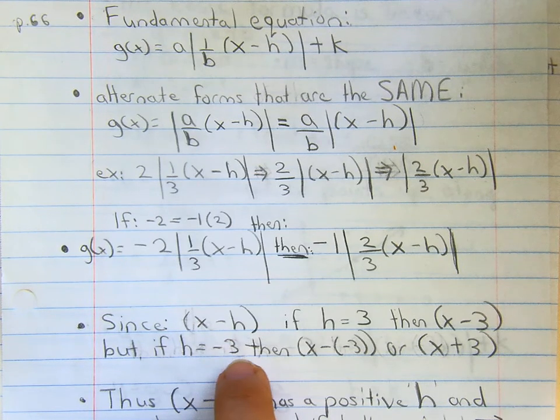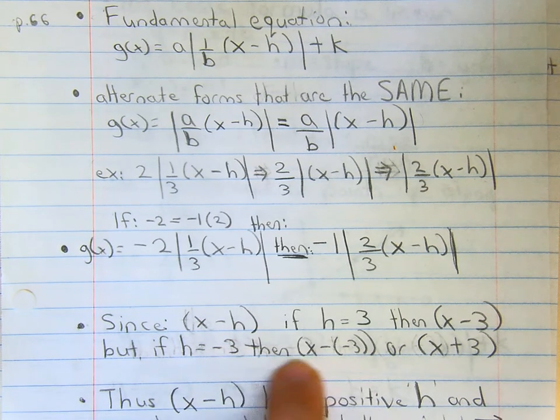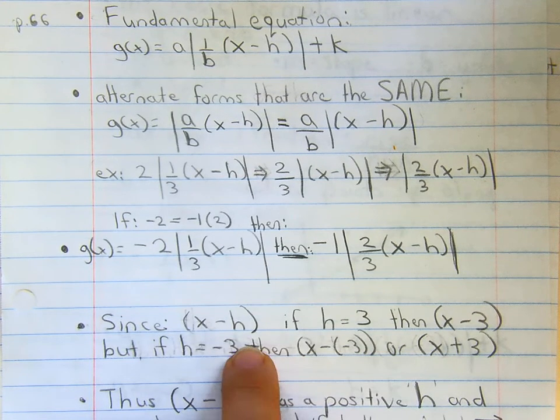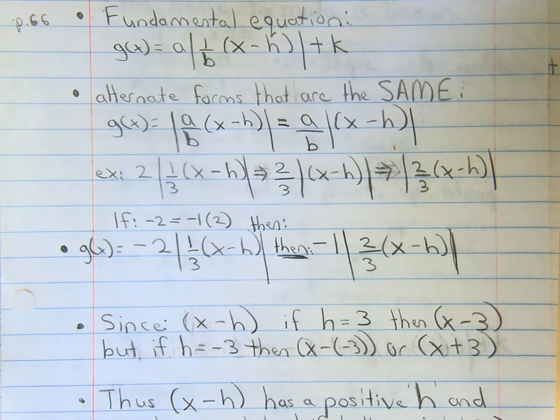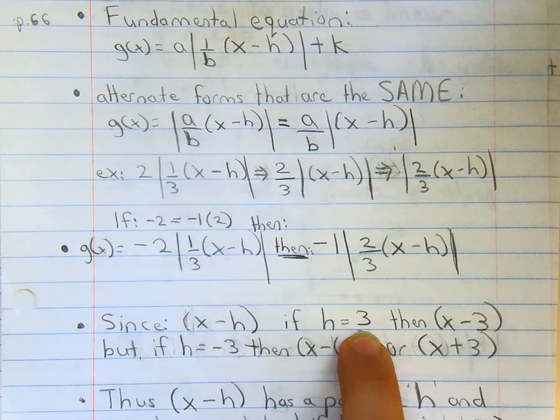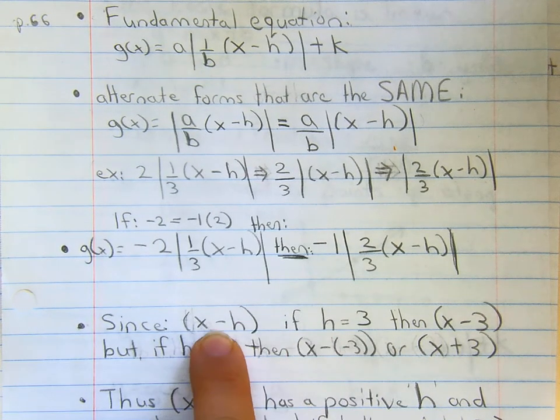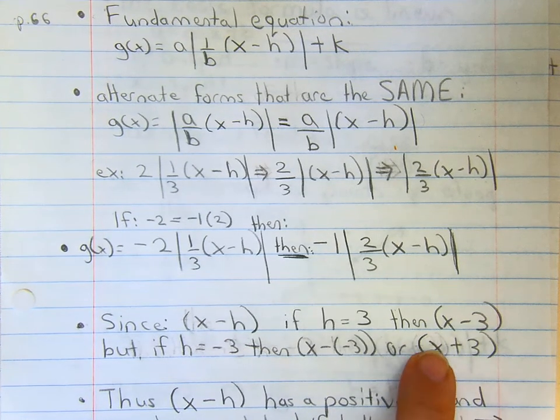So if you need to, put a little extra star next to these, because that's going to become important when it comes to graphing our equation: to recognize that the actual value of h is going to have the opposite sign of whatever is inside the parentheses next to x.